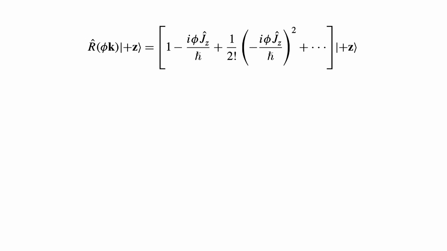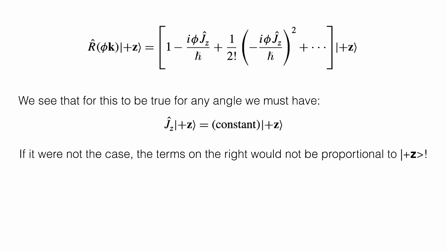that plus z, the ket plus z, is an eigenvector of Jz. Okay? The best way to prove this to yourself is to suppose it were not the case.